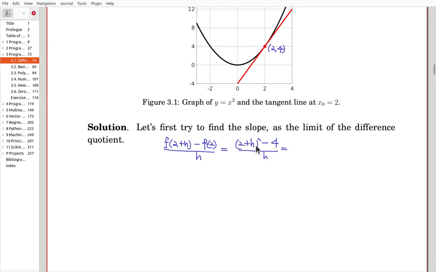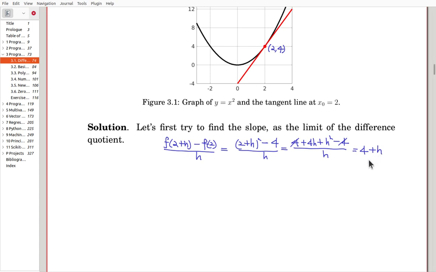So therefore, from here we have 4 plus 4h plus h squared, minus 4, divided by h. Okay. Now we can cancel 4 minus 4, and we reach 4 plus h.